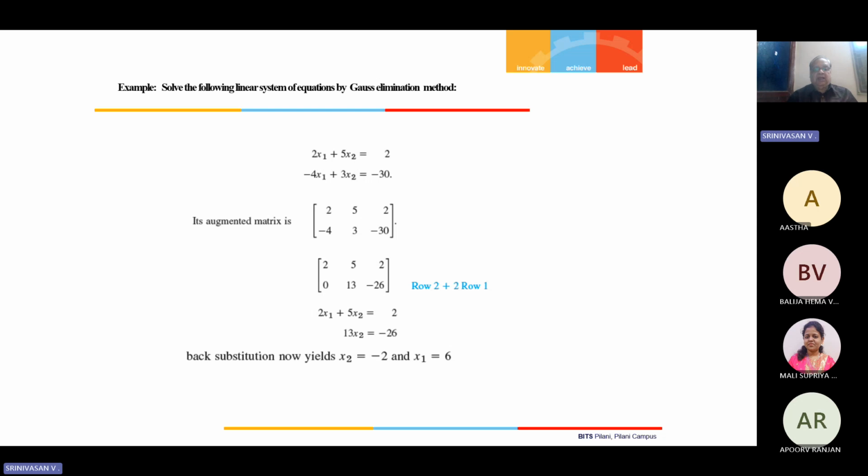So what's the meaning? -4 plus 2 into 2, -4 plus 4, 0. And it is to be done throughout the second row. So here, 3 plus 2 into 5, 3 plus 10, 13. Here -30 plus 2 into 2, -30 plus 4, -26.